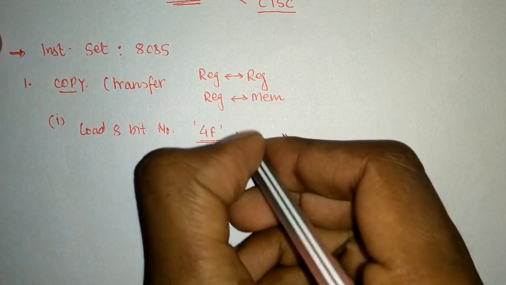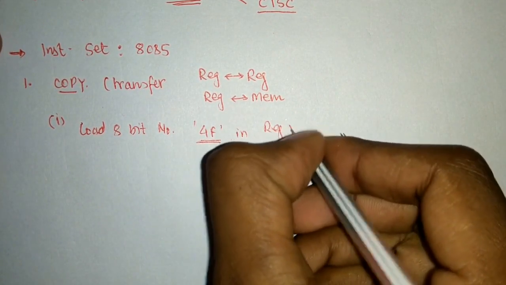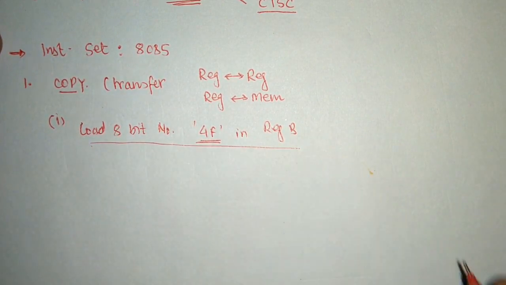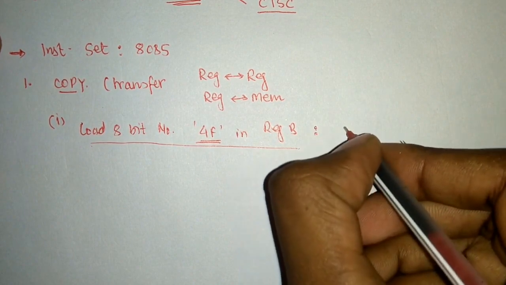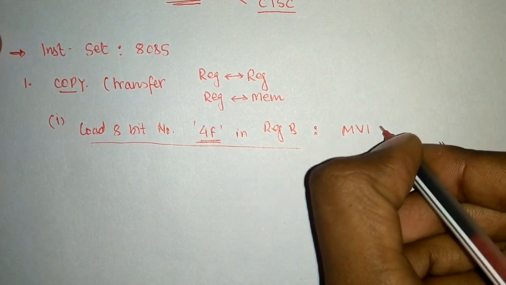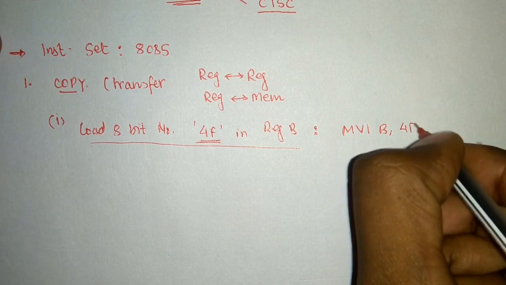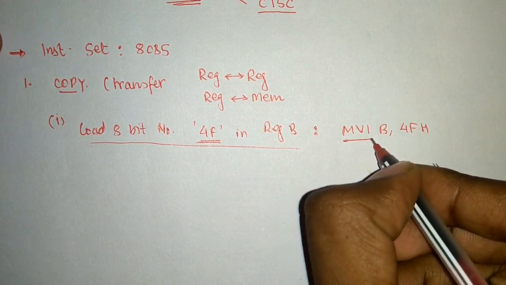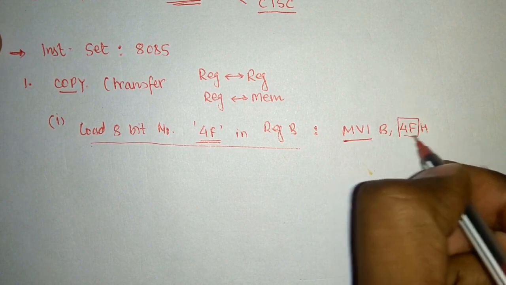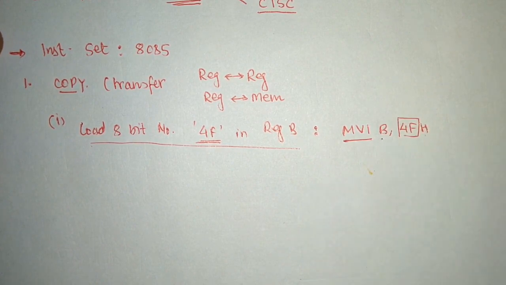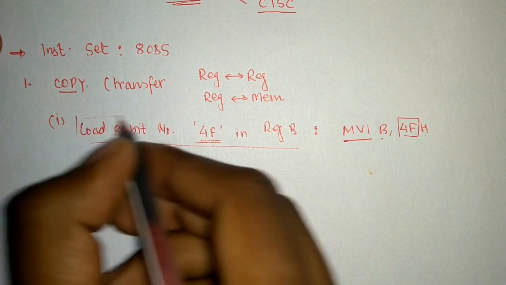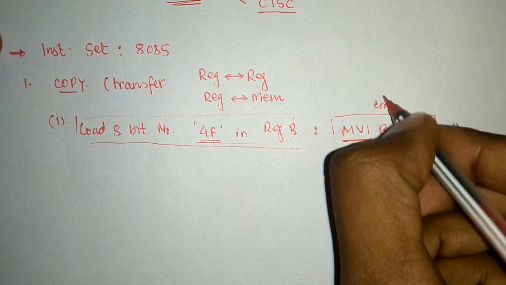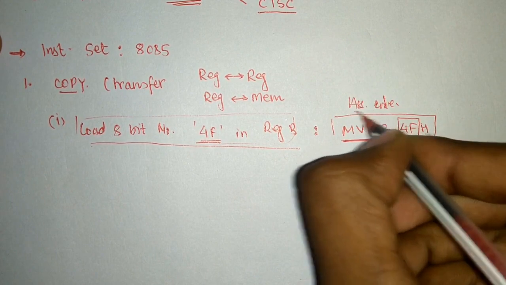Instead of writing all this, because I cannot use that in our programming language, I will simply say MVI B, 4FH. What does that mean? MVI means move 4F hexadecimal into our register B. So we have got this particular instruction done by writing just this. This is our assembly code for the 8085 microprocessor.